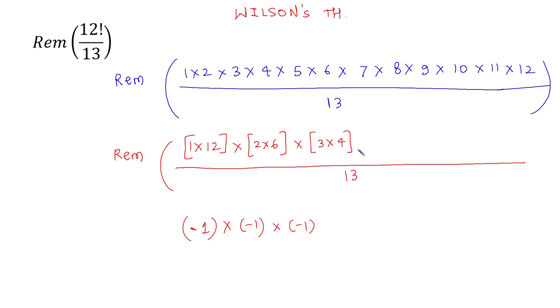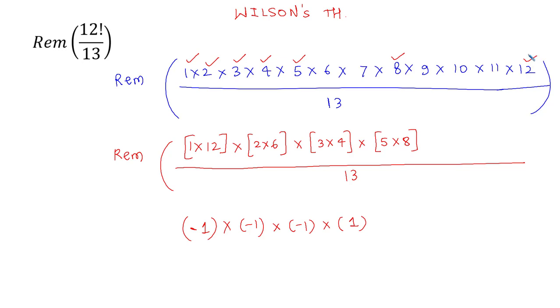Then the next pair is 5 into, what can we do? 5 into 8. 5 into 8 is 40. If we divide 40 by 13, the remainder is plus 1. So we are done with 1, 2, 3, 4, 5, then 8, then 12.